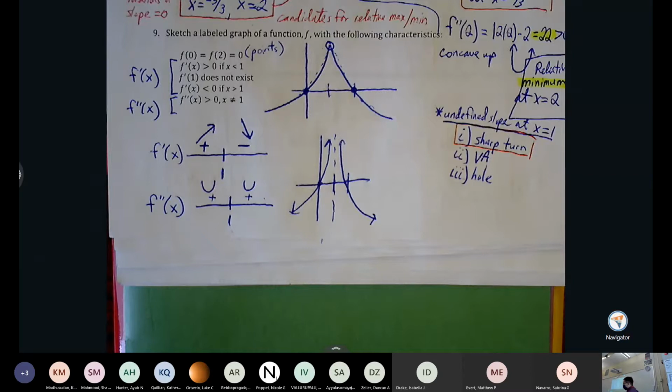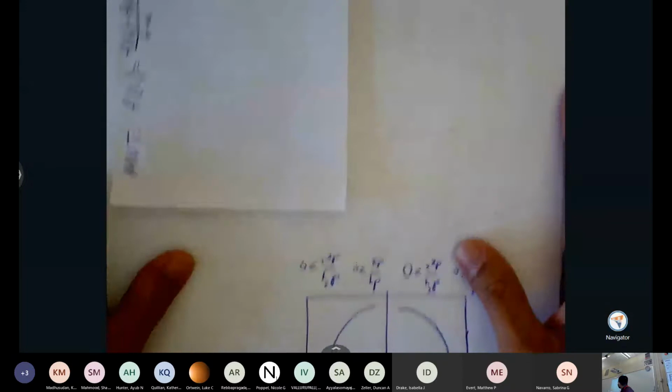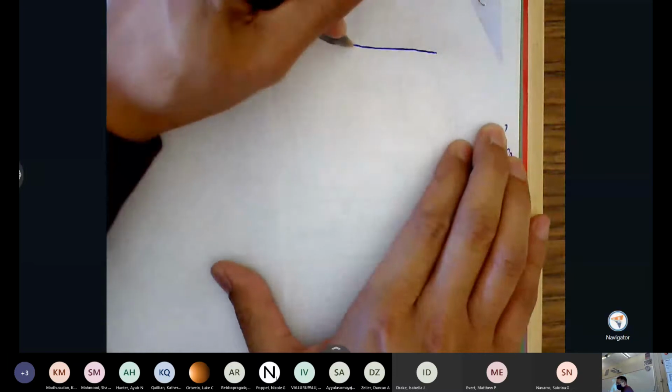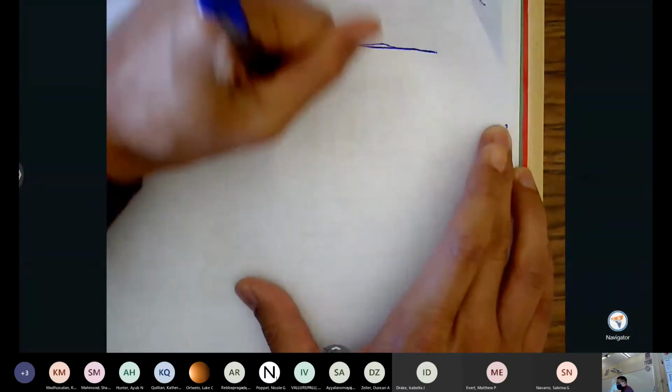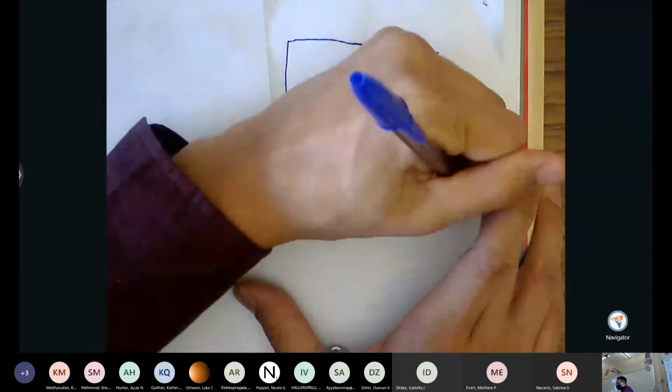So if you guys can find space on any sheet, I want to draw this diagram, to make sure that we understand the different types of curvature that we can experience in the graph. So I'm going to create a diagram here.